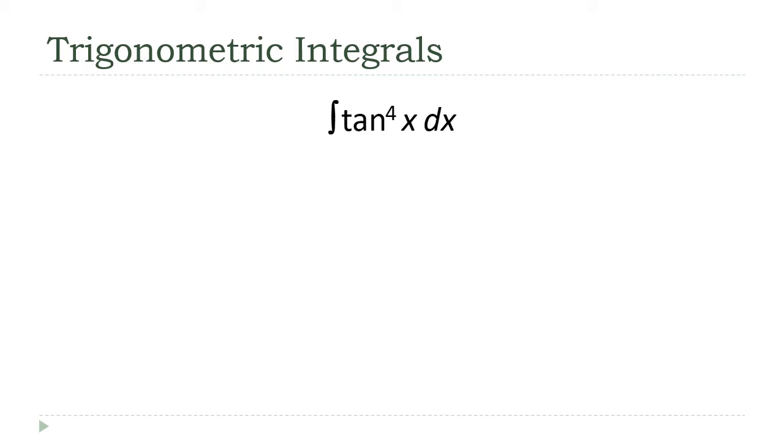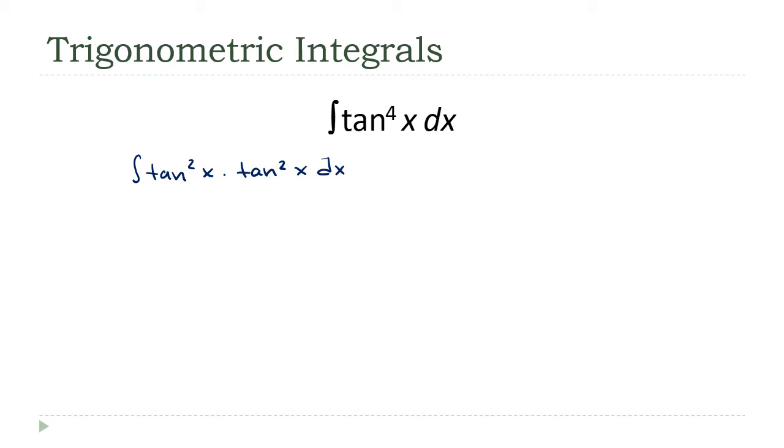So how can we do this one, for example, the integral of tangent to the fourth x dx? Well, I'm going to start by rewriting this in a very similar way to what we've done before. I'm going to make this the integral of tangent squared x times tangent squared x dx.